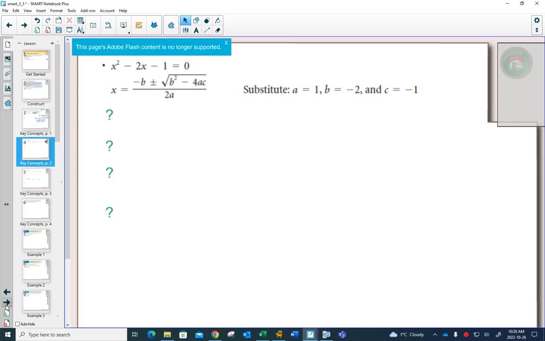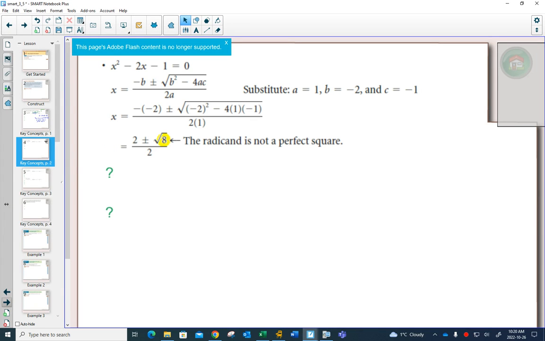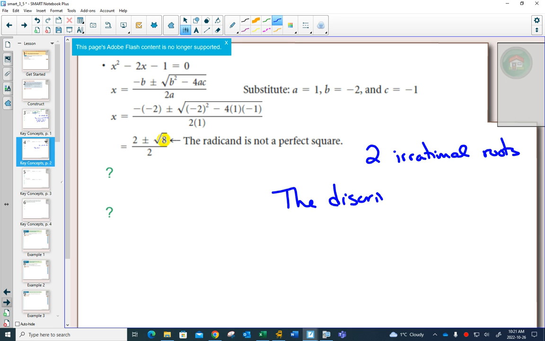This one can't. Oh, it looks like it should be factored. But when we plug everything in, inside of our square root here, we get root 8. So beside this one, we can write two irrational roots. The discriminant, and again, we're going to write out the definition of this discriminant every single time, the discriminant, that's the b squared minus 4ac, is positive again.